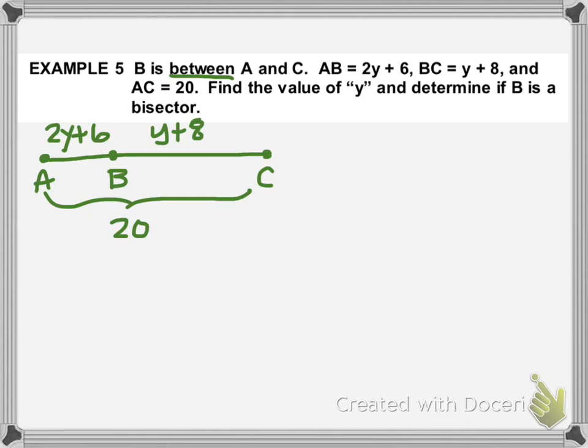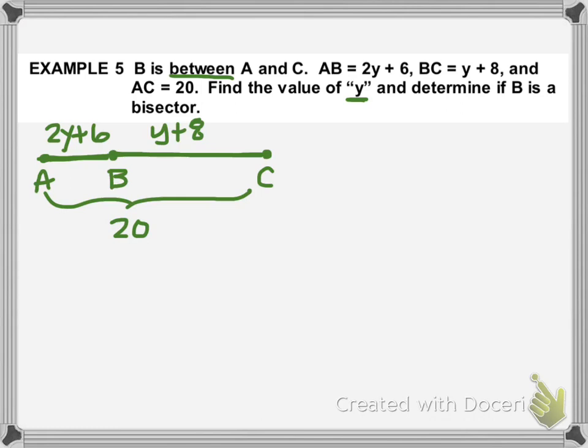Now we learned last lesson how to set up an equation that would help us to find the value of y. After we find the value of y, we're going to go back and determine if B is truly a bisector, or in other words, the midpoint of that segment AC. So if you recall, if I add a part of a segment with another part of the segment, then it should equal the whole length.